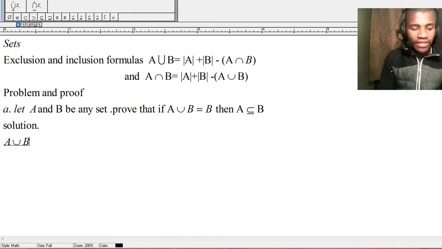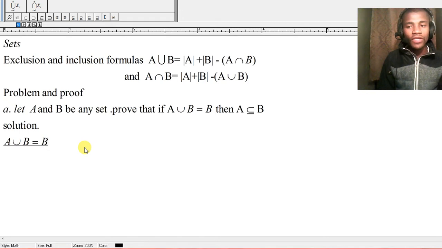It's really a good habit to rewrite problems. So it's saying that A union B is equal to B, and they want us to prove that A is a subset of B. But that's true.